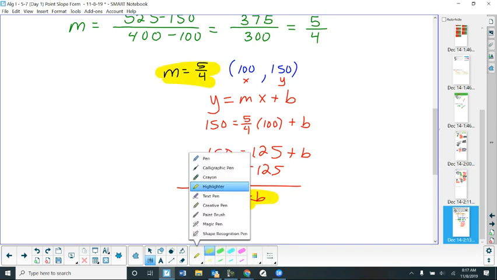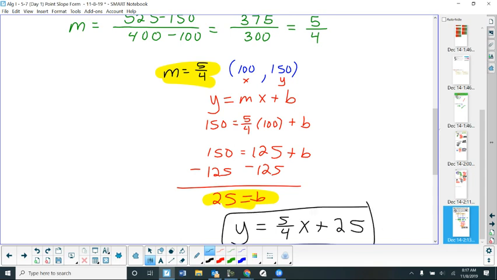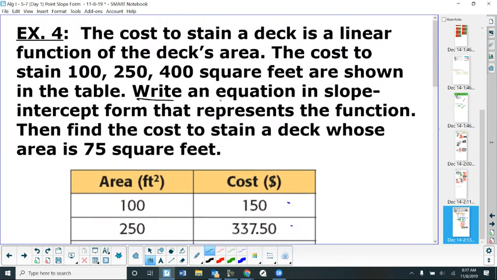So what's the equation of your line? Very good. Are you guys cool with that? Finding the equation. Now we're still not done. You guys at first said, write an equation in slope-intercept form. That's what I just did. Now, find the cost for 75 square feet.